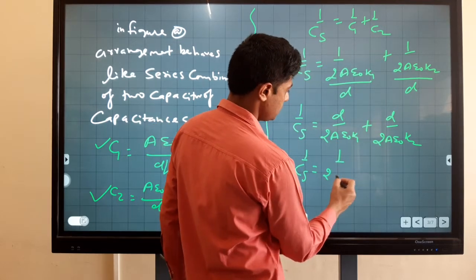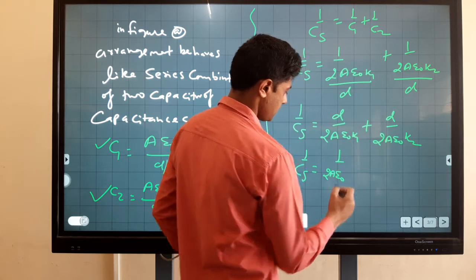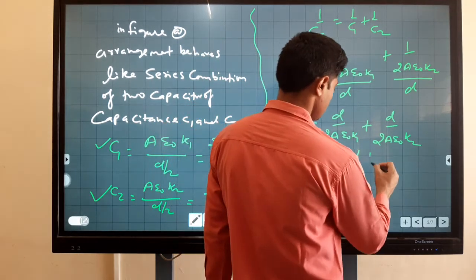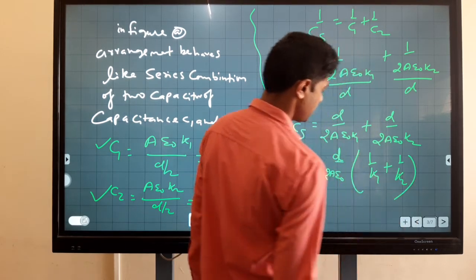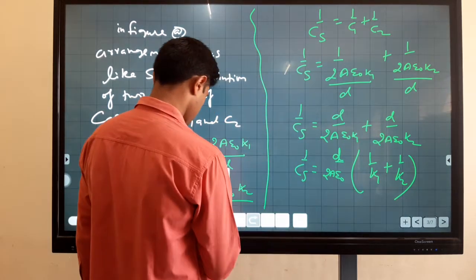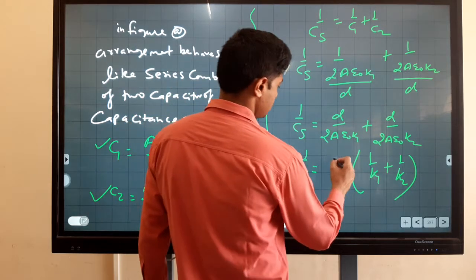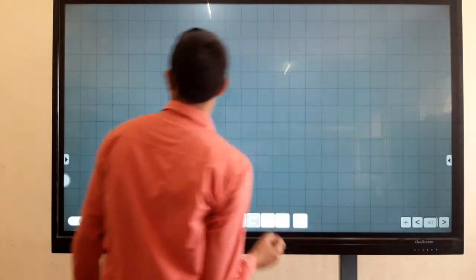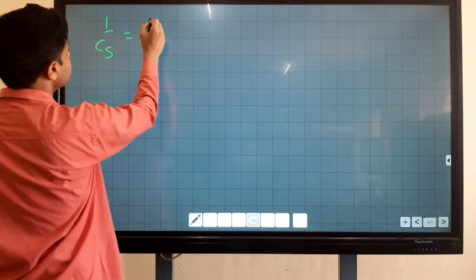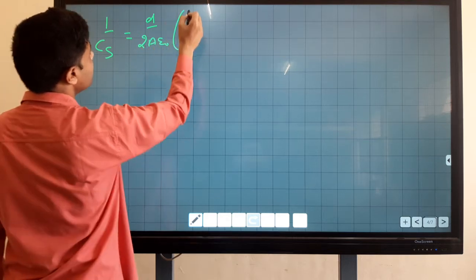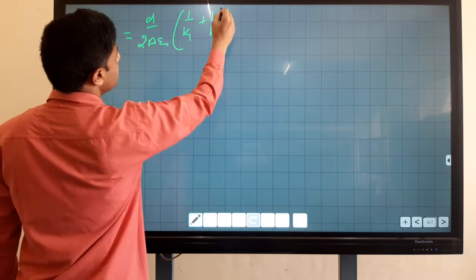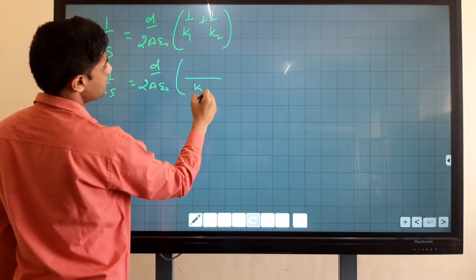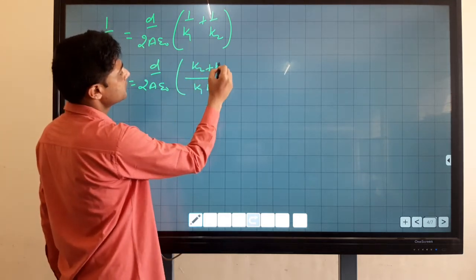D upon 2A epsilon naught is common, so 1 upon CS equals D upon 2A epsilon naught times (1 upon K1 plus 1 upon K2), which is D upon 2A epsilon naught times (K1 plus K2) upon K1 K2.